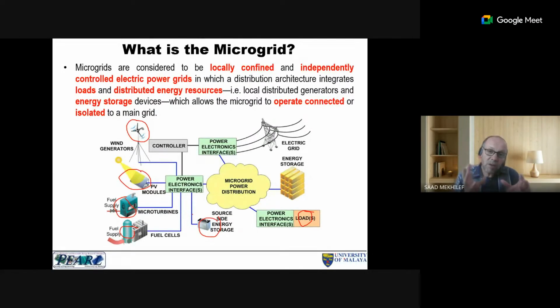But in terms of the microgrid, one of the things, which we will discuss later, is that it can operate isolated from the main grid. You can operate in two modes, either grid-connected mode or isolated mode. When operating in isolated mode, if there is a fault, it will impact only this microgrid and will not affect other parts. Or if there is a fault on the grid, that will not affect this microgrid.